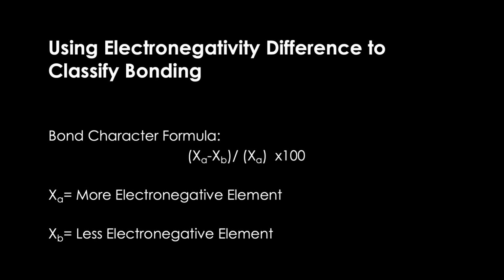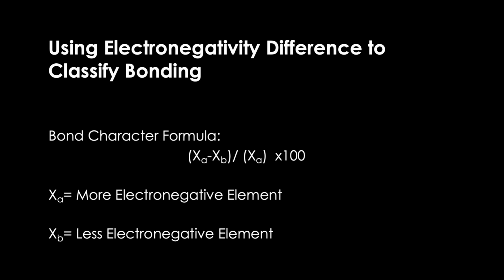So, using electronegativity difference to classify bonding. So the bond character formula, XA minus XB over XA times 100. XA is the more electronegative element, and XB is the less electronegative element. And those values you will find on an electronegativity chart. You're not going to have to memorize any of those.